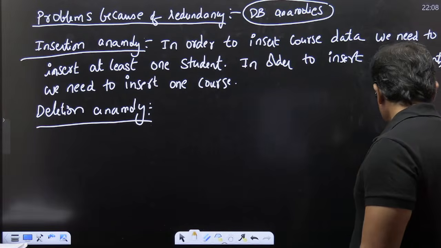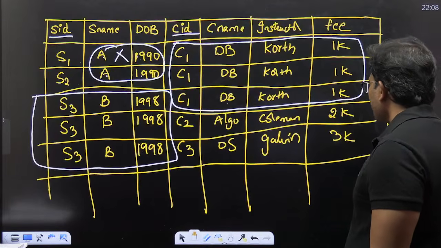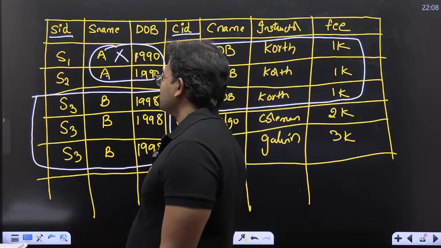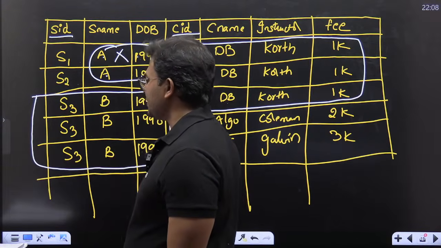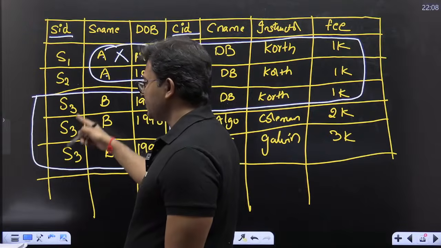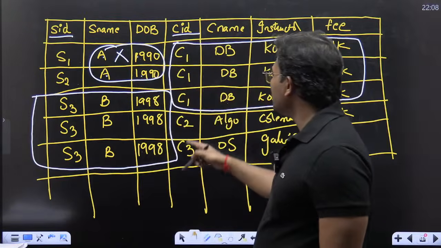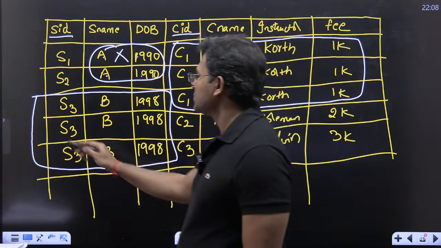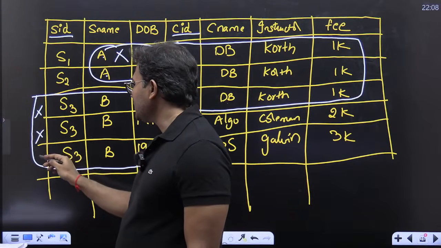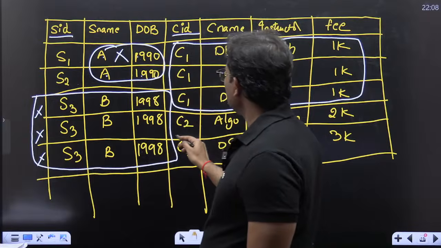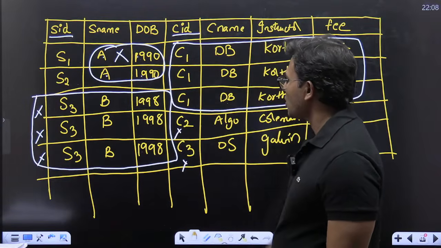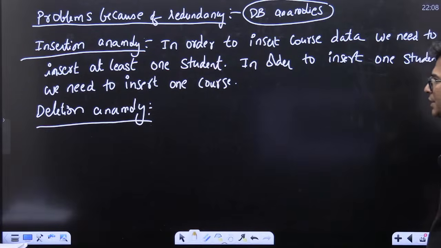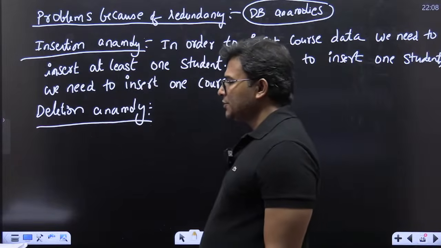So if you see this, if I delete student number 3, we will be losing course 2 and course 3. Automatically course 2 and course 3 are also going to be deleted. That is why it is called deletion anomaly.